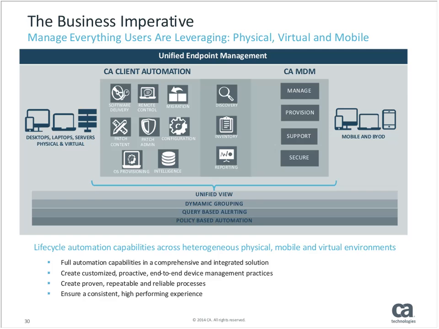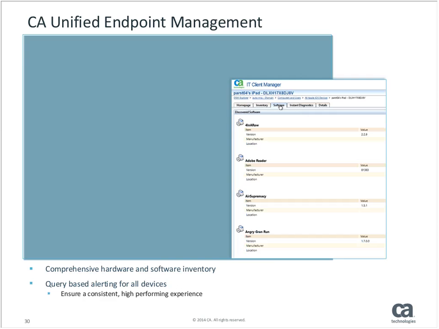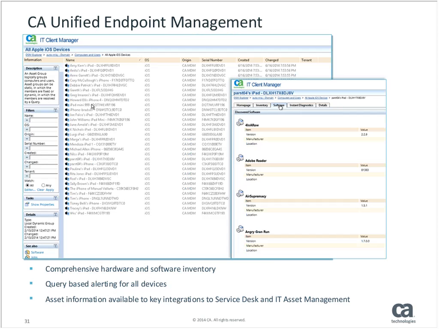And what this does is give you a single unified view of any asset that is connecting to your corporate network. You will see these as unmanaged assets, and within the web console of Client Automation, you are able to launch the MDM console to then go take active management of any of these devices.